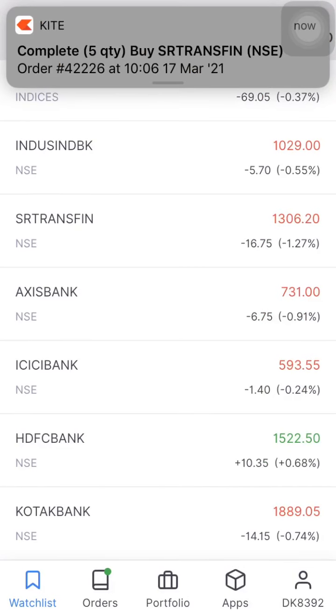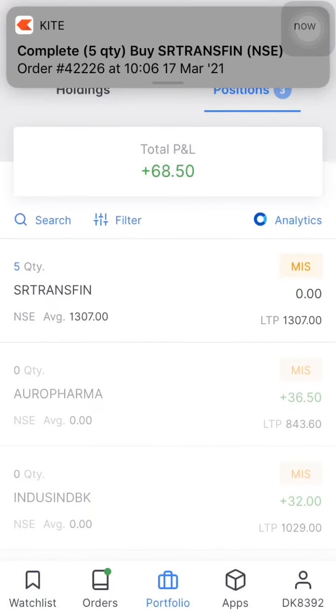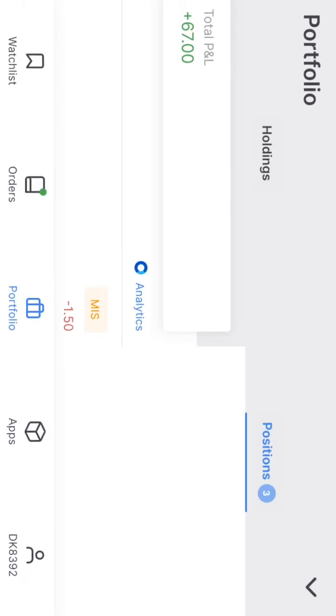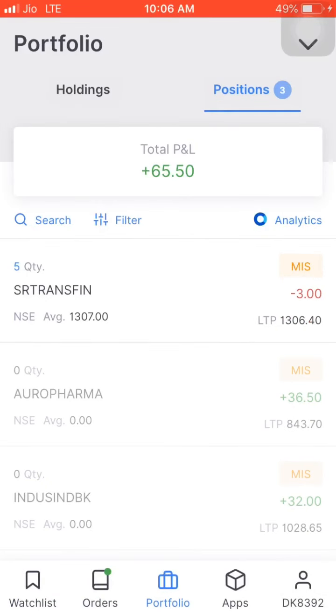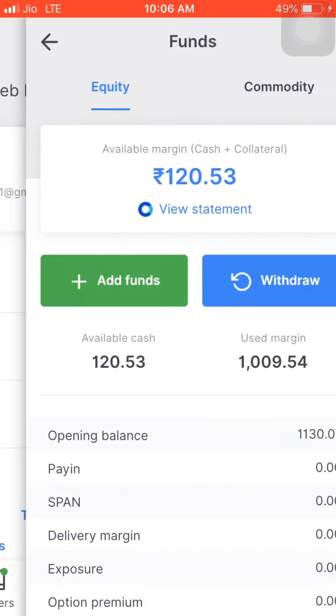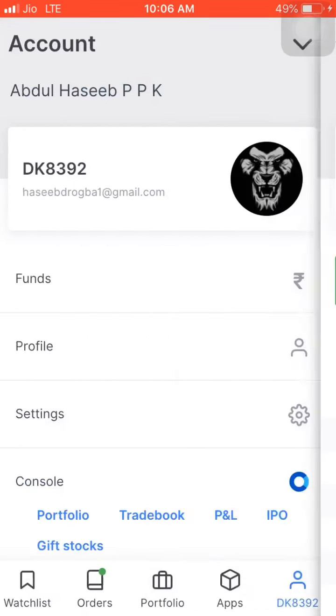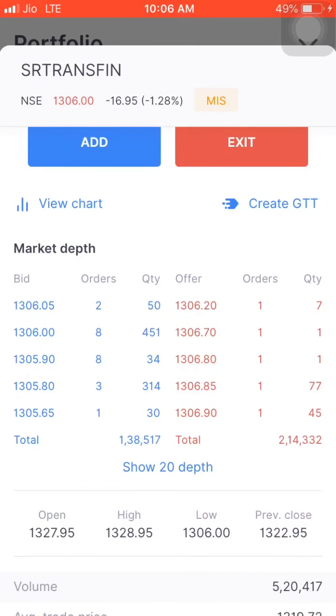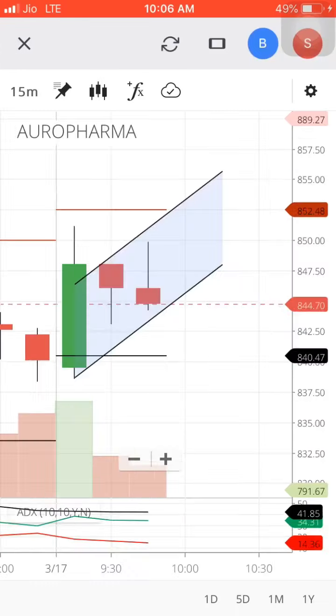The order has been completed, and now it's in negative. Let's wait. Sellers are more.